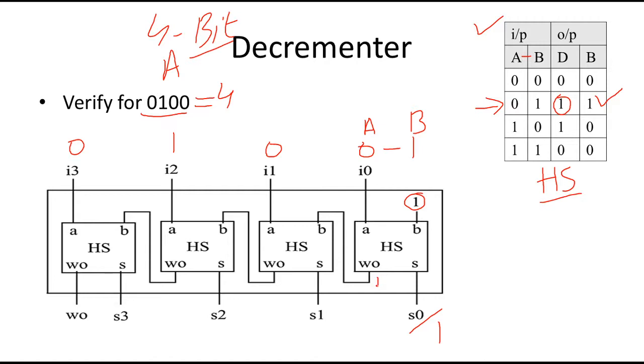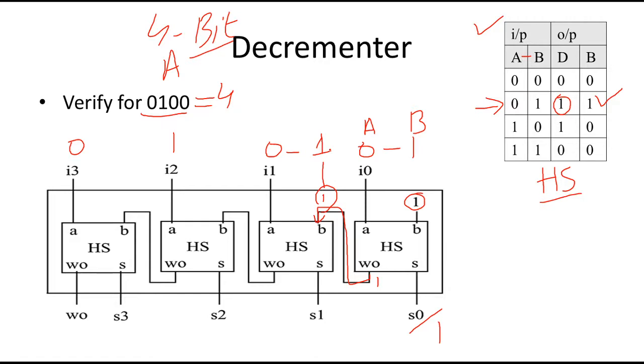The borrow is fed as input to the next half subtractor. The task of the first half subtractor is done. Now the second half subtractor, 0 minus again this 1 here. For 0 minus 1, we use the same row from the truth table.